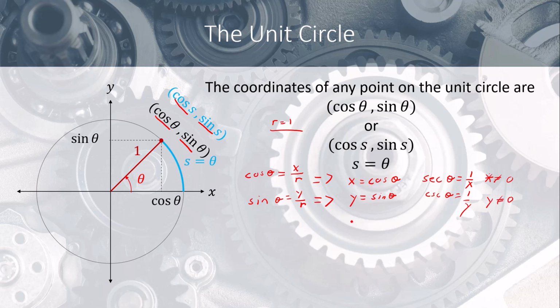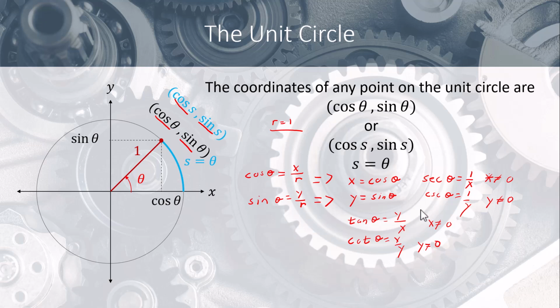You can also go ahead and define tangent. Tangent of theta is equal to y divided by x, and that is defined once again wherever x is not equal to 0. And then cotangent of theta is equal to x divided by y, of course, which is defined when y is not equal to 0.